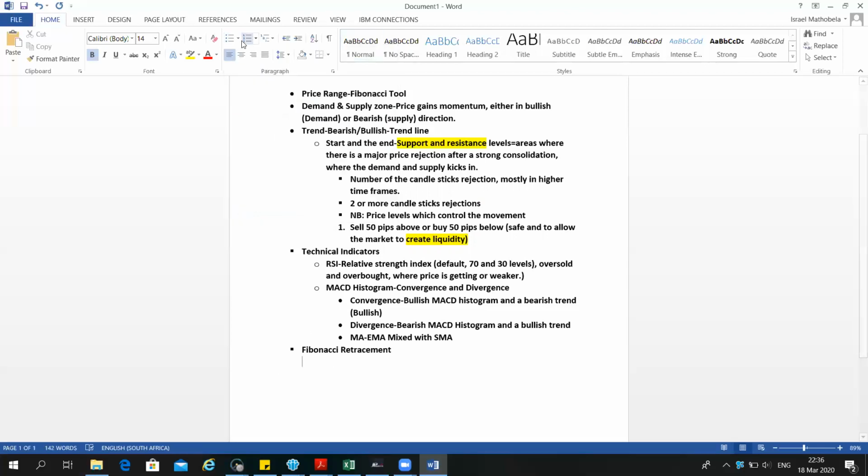So this tool was found a long time ago. It identifies price levels of retracement in a given range. Remember when I spoke about price range, right?